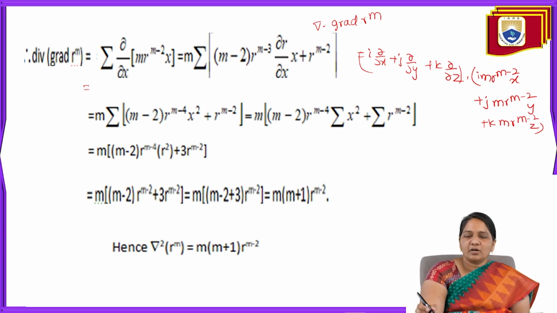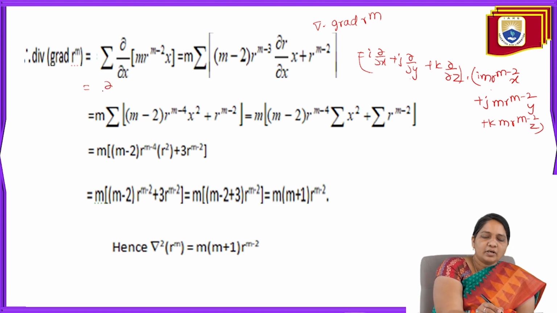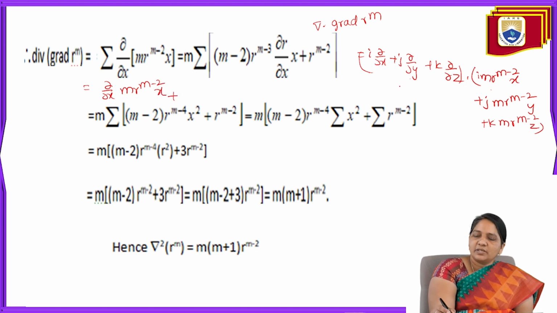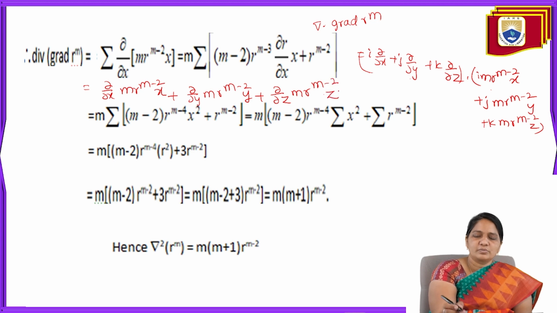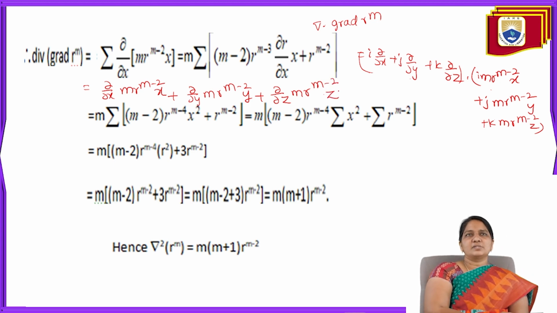Now by using the dot product, i dot i is 1, j dot j is 1, k dot k is 1. Finally I got here ∂/∂x of m r^(m-2) into x plus, j dot j is 1, next ∂/∂y of m r^(m-2) into y plus ∂/∂z of m r^(m-2) into z.